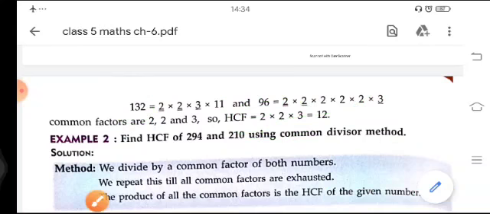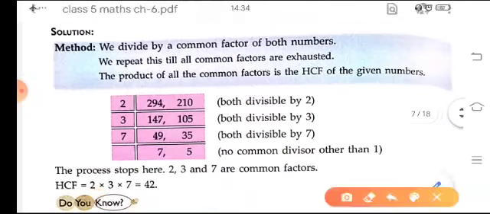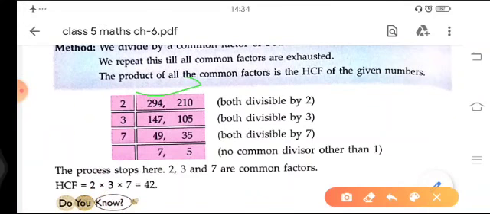Now we will understand the common divisor method. In the common divisor method we write both the numbers together and then we start division with a common factor. At the end we do the division until we either do not get a prime number or we get 1.